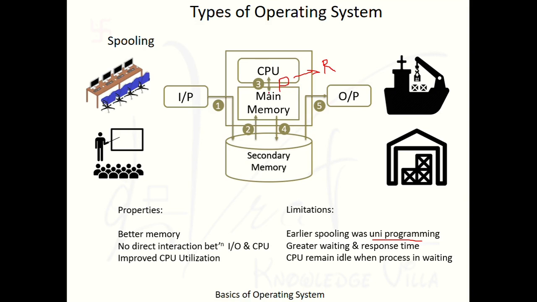At that time CPU cannot serve the another process which is waiting. Get it? After completion of that particular process, then and only then can CPU bring in another process. So that's why we can say that CPU remains idle when process is waiting. Get it? So I hope you are understanding the limitations of spooling.